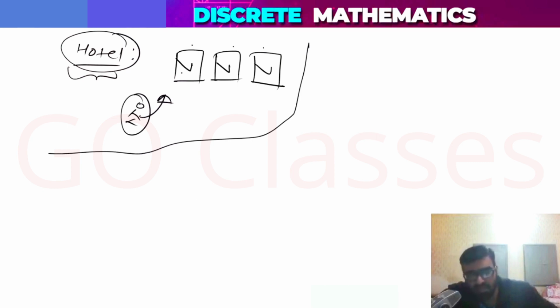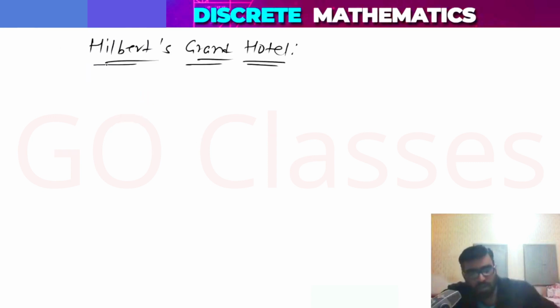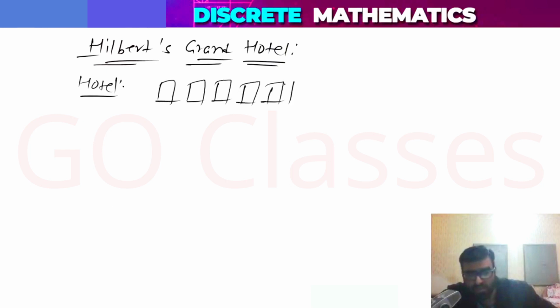Of course, if every room is occupied, then how can you accommodate any new person? So this is very intuitive. But now what is Hilbert's Grand Hotel? This Hilbert's Grand Hotel has an infinite number of rooms.